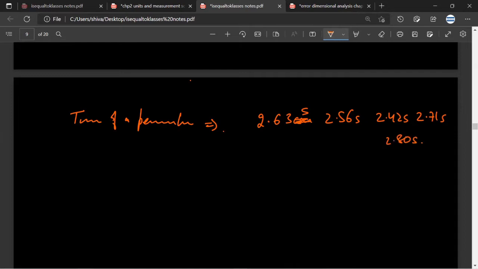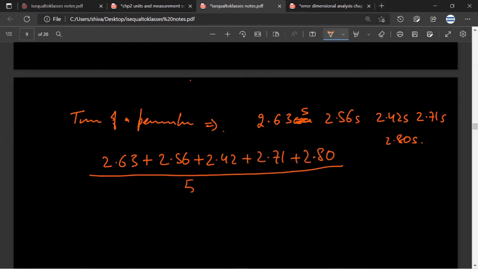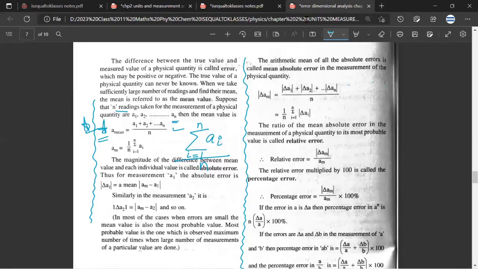So these are the readings that I have. What I need to do is just add them up: 2.63 plus 2.56 plus 2.42 plus 2.71 plus 2.80, and I just need to divide this by 5. So this information that I get just by simple addition and dividing by 5, this is called the mean value.